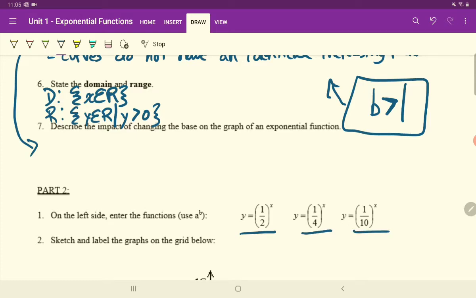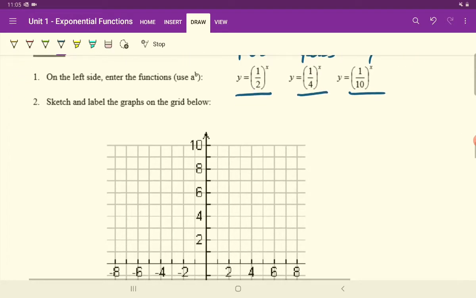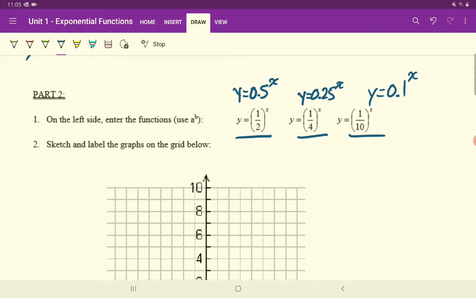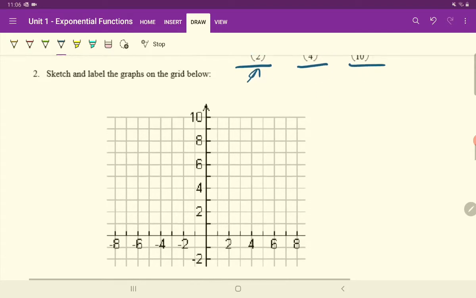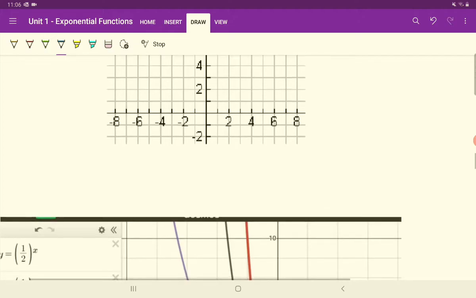And remember that this just means y equals 0.5 to the power of x, y equals 0.25 to the power of x, and y equals 0.1 to the power of x, right? So again, you would be sketching these three curves in Desmos. And I don't care if you plot the fraction version or the decimal version, you can plot either one. I've already plotted them, and take a look at what I got.